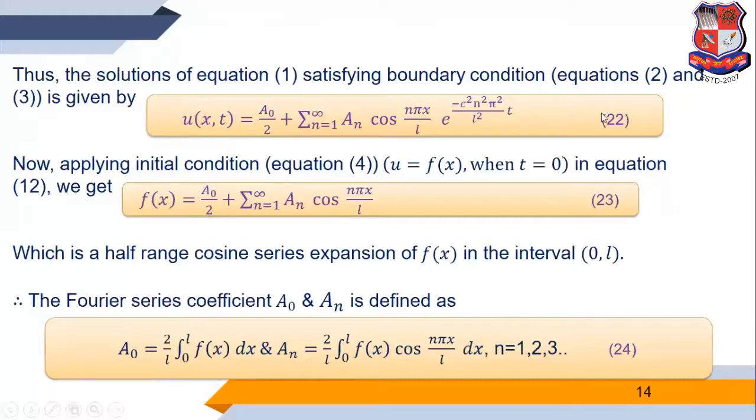So equation number 22 is the solution of the given equation 1 which satisfies both boundary conditions. So for k equal to 0 and k less than 0, we get the solution form which satisfies the boundary condition.